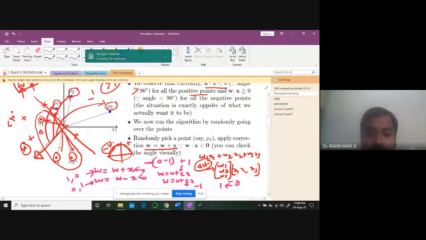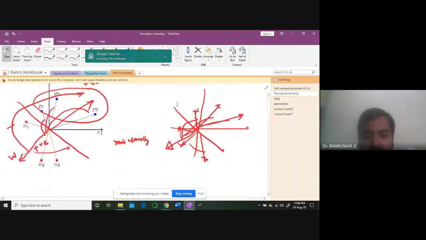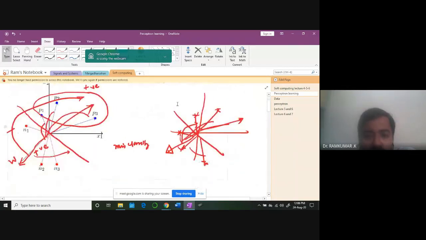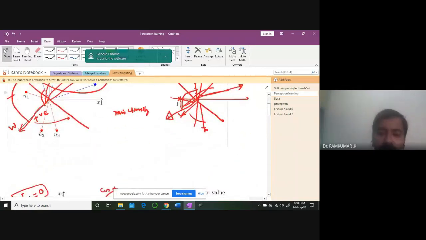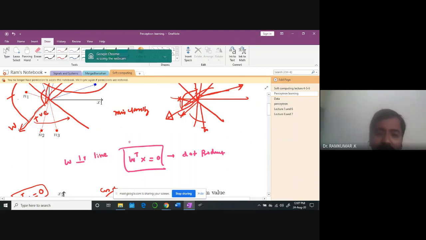So we also learned about the 90-degree angle, the cosine angle. It is more like a dot product that we learned. W transpose X equal to 0 is a dot product. So the weight vector should be perpendicular to the line. That's the idea. Whatever line you are drawing, the weight vector should be perpendicular to it.